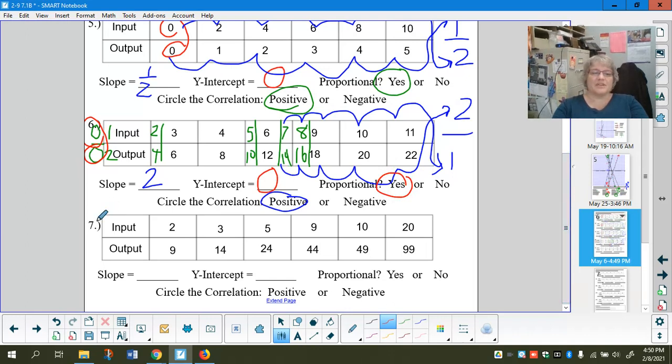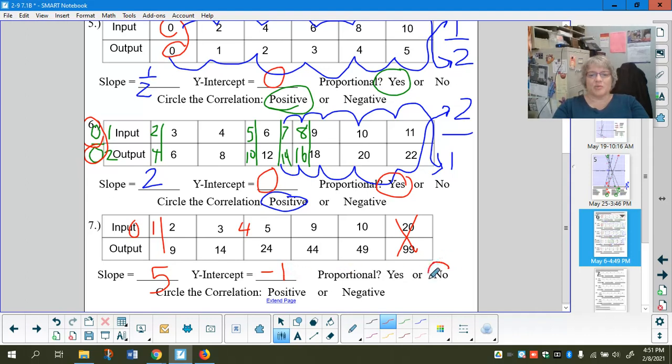All right, on number 7, I'm not going to do the whole thing here, but you're going to have to do the same thing. You're going to have to throw in a 1 and a 0 and a 4 and a 6, 7, 8. And then you could just kind of ignore that one if you don't like that one. Just so you can check yourself, you can pause if you want to first and figure it out. But the slope of this one is 5. The y-intercept is -1, I believe.